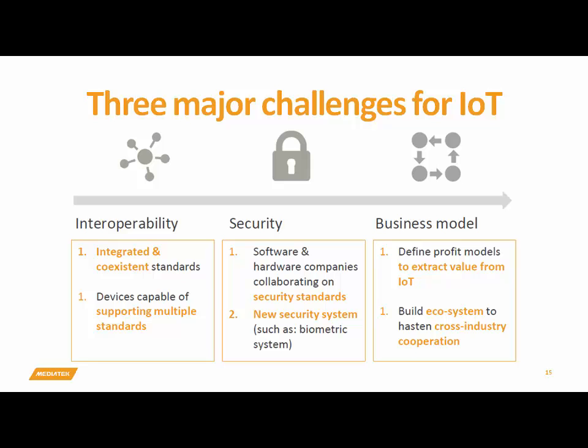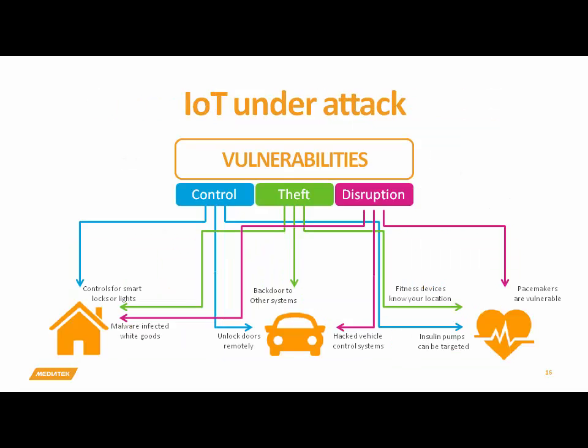I guess the one that's of interest mostly for today's webinar is security. There are lots of companies, software and hardware, that collaborate on security standards. And we have new security systems, biometric systems, and things like that, that come online as well. So security is a big challenge at the moment, and that's what we'll focus on today. And as you can see, I've just highlighted a number of vulnerabilities that IoT can come under.